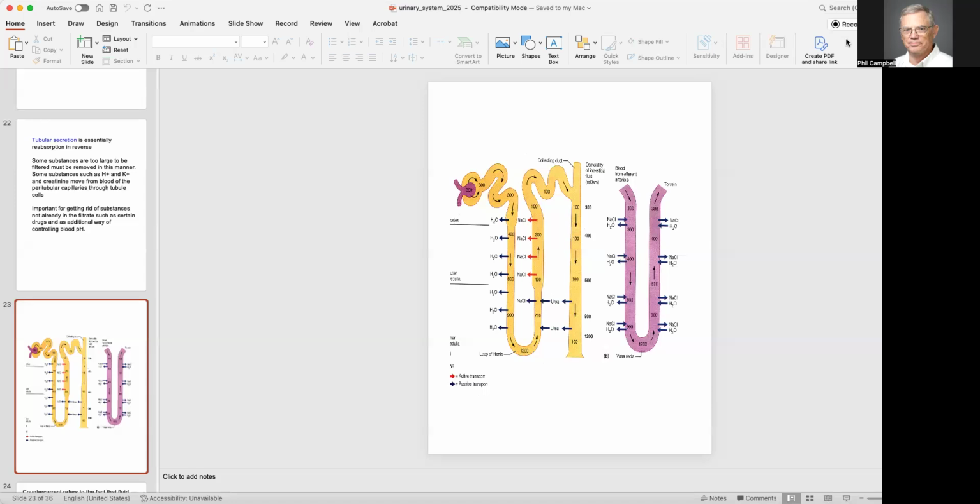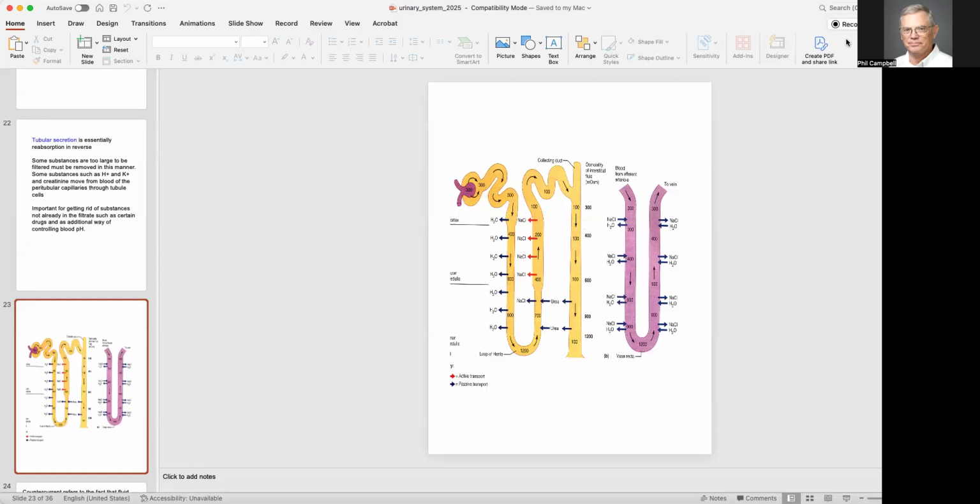Why is this important? Remember, how does water go? It goes down its concentration gradient. Wherever the concentration is less, water will go toward the less concentrated side. At initial filtration, I've already said that the osmolarity between plasma and your initial tubular filtrate is the same.